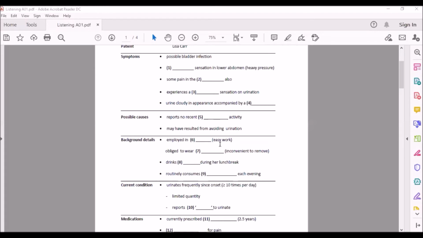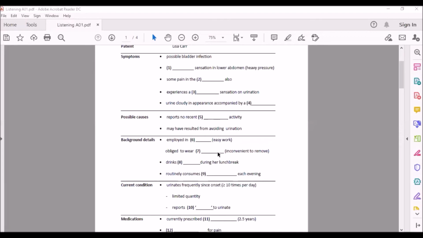Now, this one is a bit tricky, employed in, well, we don't know where this person works. There are many possibilities. But obliged to wear, inconvenient to remove. If it's obliged to wear, it might be a piece of equipment. It might be uniform.